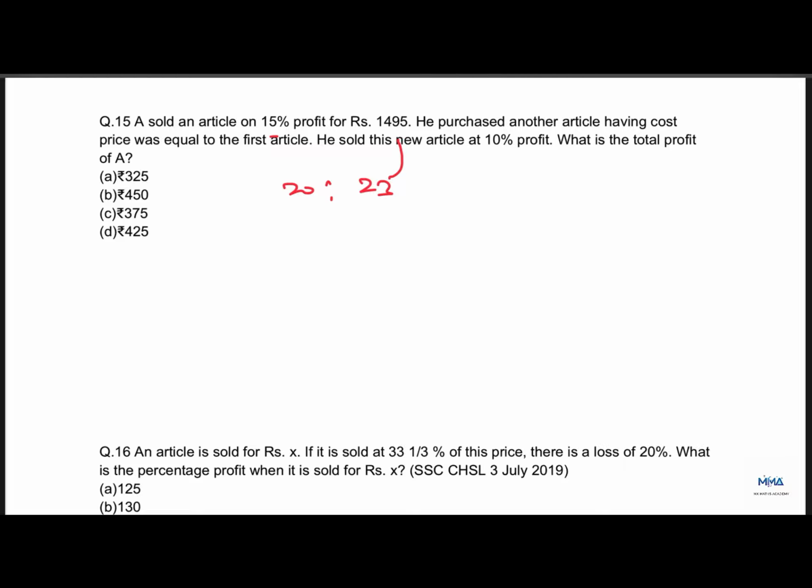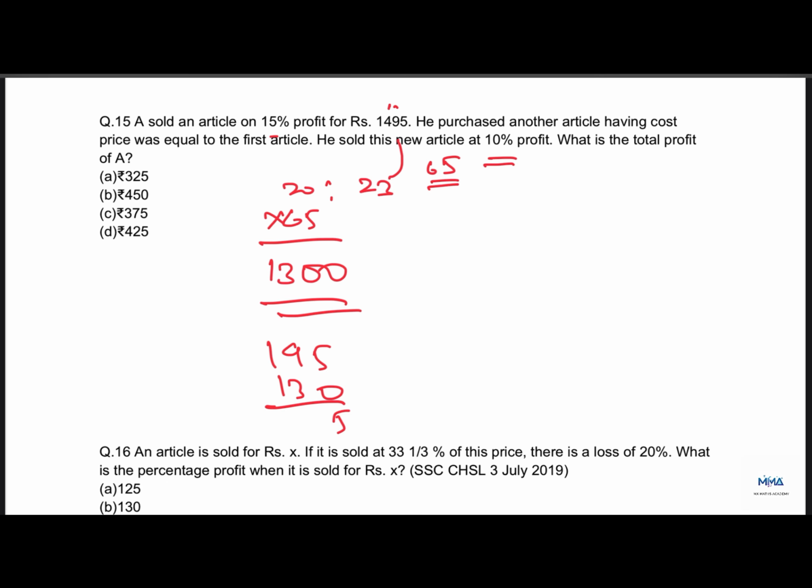Okay, so this is 23 6s, 138, so 5. Okay, this is 65 times. So if you multiply this with 20, the CP is 1300. So for the first article, the profit is 195. Since he sold the second article at 10% profit, so it is 130 and the resultant is 325.